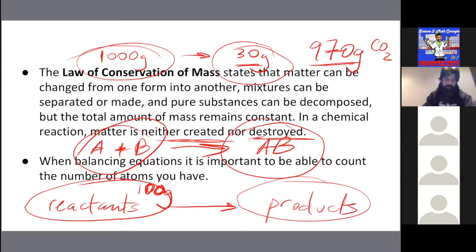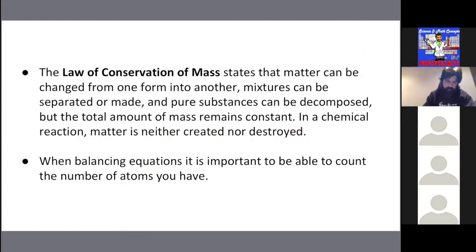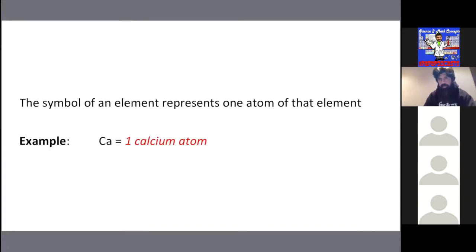Okay, so let's clear all this and move on. When we're balancing, what's really important, first off, is to be able to count the number of atoms that we have. So if I write a formula like Ca, it implies that I have one atom of calcium. Let's look at the next one.